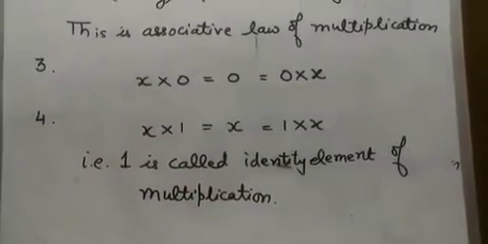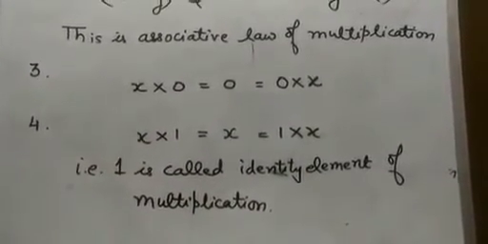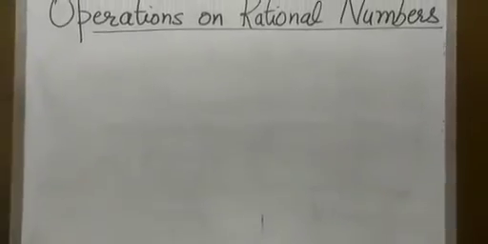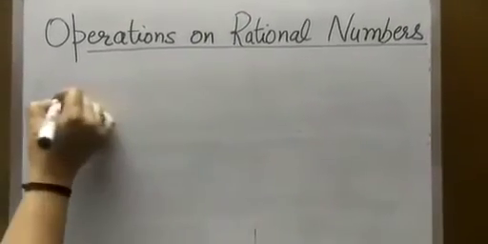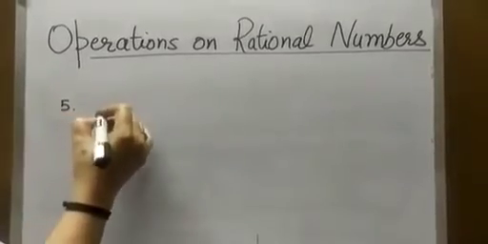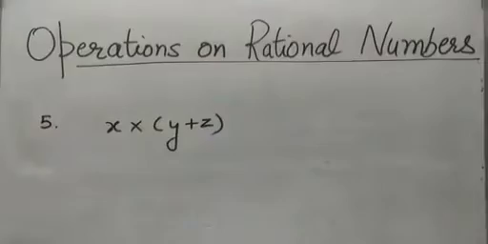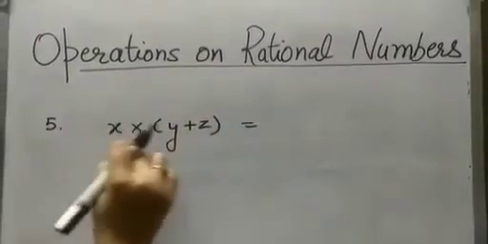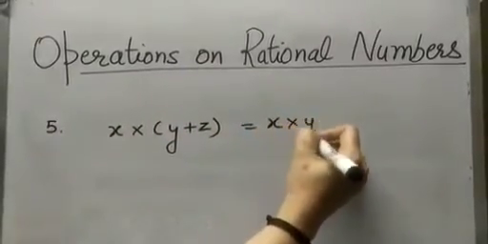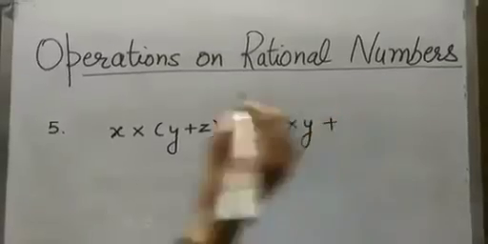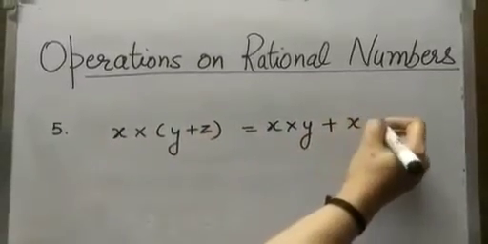Now the fifth property: if x, y and z are three rational numbers, then x multiplied by y plus z is equal to x multiplied by y, plus x multiplied by z.